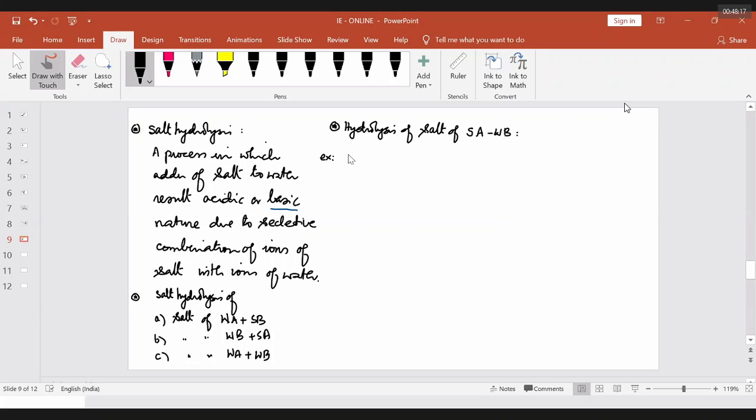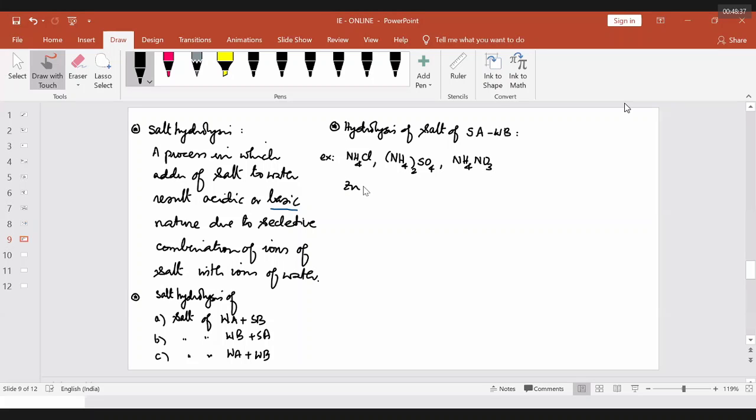Weak bases, right? Ammonium hydroxide along with HCl, ammonium chloride. Ammonium hydroxide along with sulfuric acid, ammonium sulfate. Ammonium hydroxide along with nitric acid, ammonium nitrate.